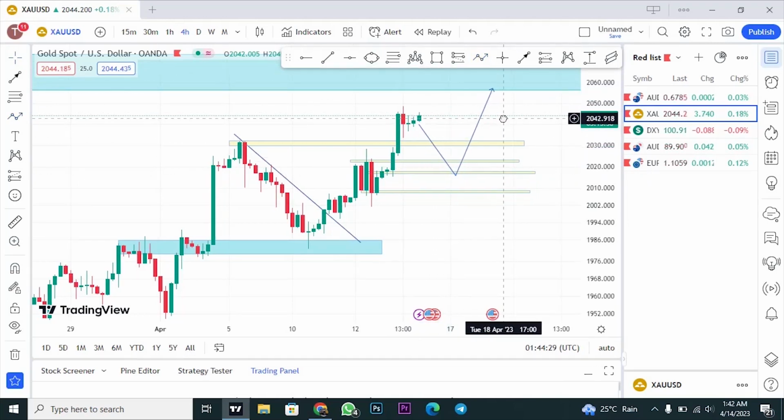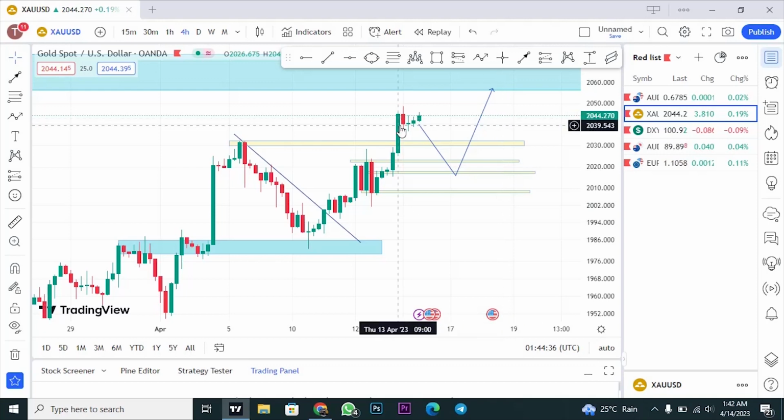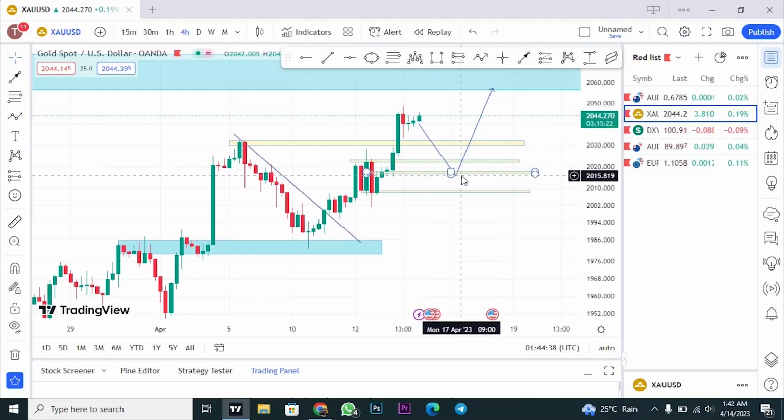So with gold, I'm looking at two or three different phases. Personally, I want gold to push all the way from this side up to this level, because this is where I feel price is good to push to the upside.